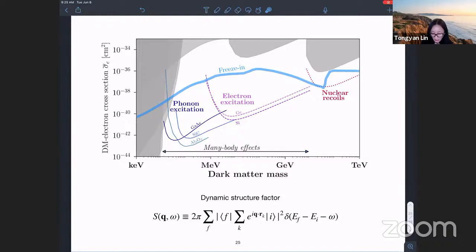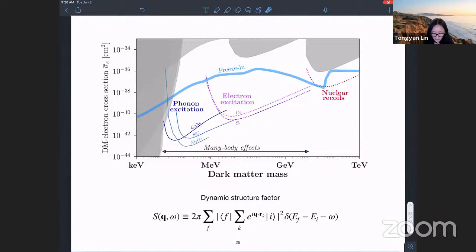And one thing I hope that you come away with is that when we think about the rate in these materials, we can absorb all the material dependent effects into one quantity called the dynamic structure factor. And it's the analog of the form factor when we're talking about high energy scattering, or for nuclear recoils.